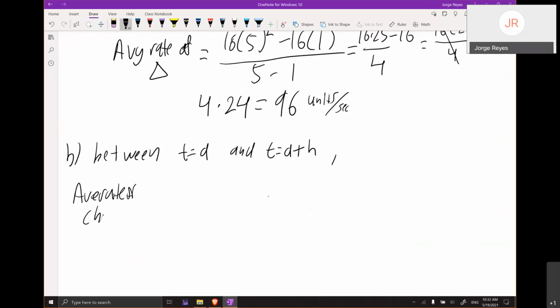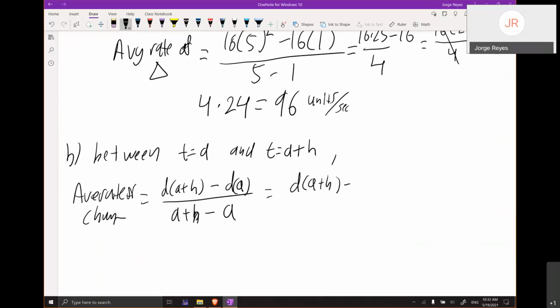So we're going to plug in the stuff. d of a plus h minus d of a over a plus h minus a. So if we simplify this down, this should look very familiar.